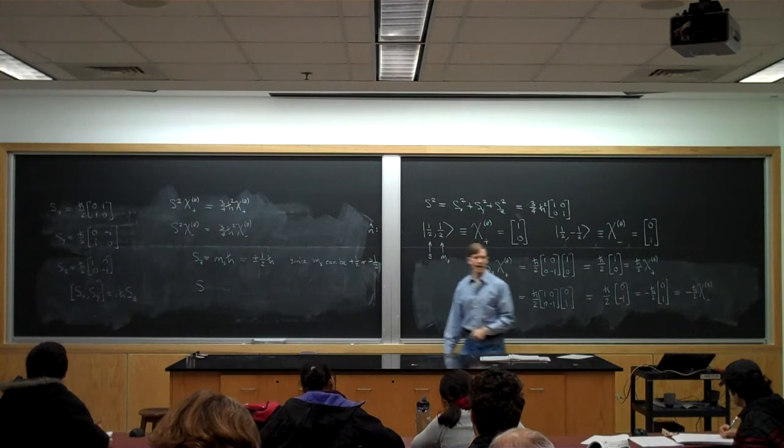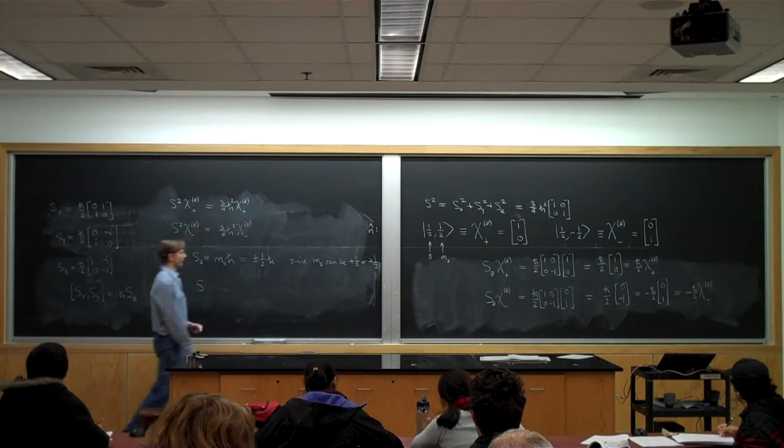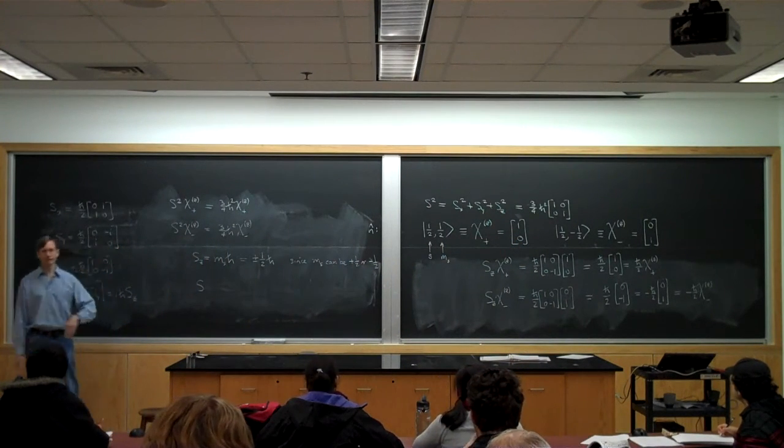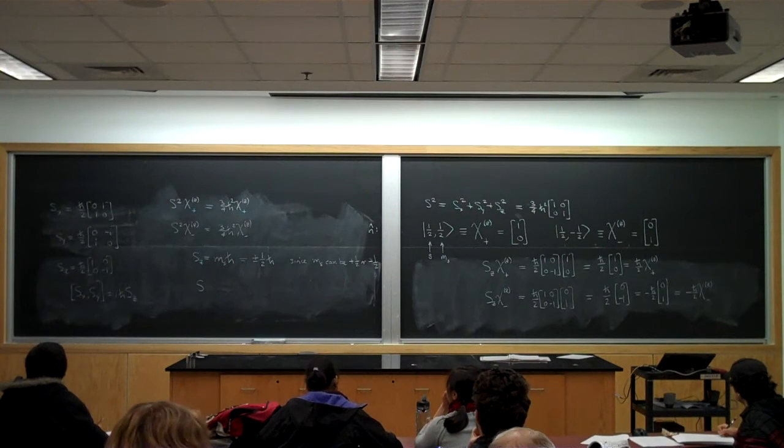So s sub z can be, if it's well defined, 1/2 h bar or minus 1/2 h bar. Even if it isn't well defined, if you make a measurement, you can only get the possible eigenvalues, so you can only get 1/2 h bar or minus 1/2 h bar.